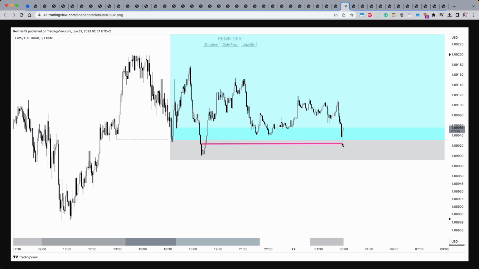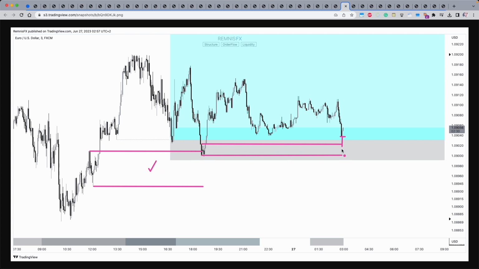Now, remember, this here is now retested. Yes, given it's not mitigated because it only wicked in and closed all the way here. Nevertheless, this one did mitigate, as in close within this POI, so this one was definitely efficient to me.